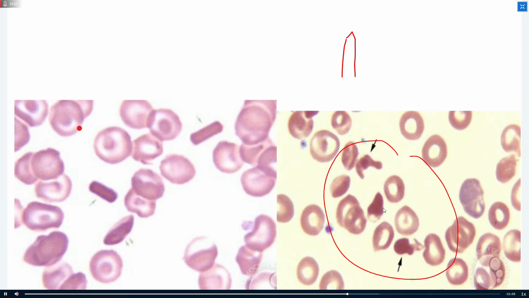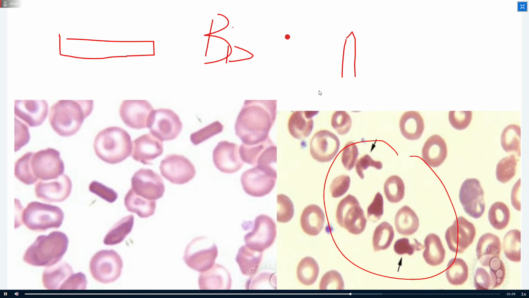Tapos ito naman, class, yung sa hemoglobin CC disease. Bar of gold appearance. Sir, ito naman class, yung sa elliptocytes. What does it look like? Okay, so what they call your folded RBC? Yung biscuit cell, di ba? Mukha siyang biscuit cell.